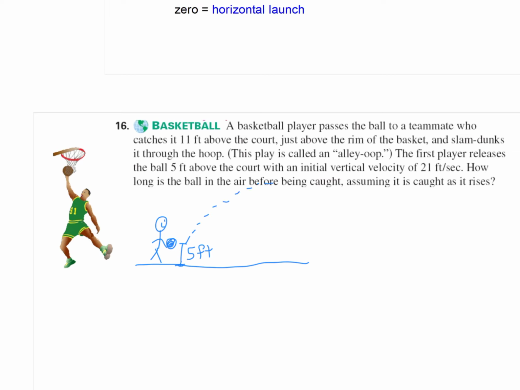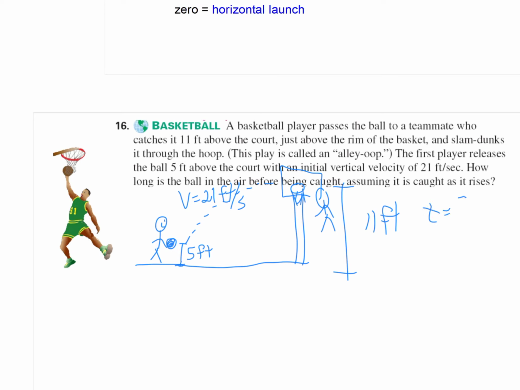He tosses it up with a velocity of 21 feet per second. The other person is going to jump up and catch the basketball at the hoop, 11 feet tall. How long does it take for him to catch the ball, assuming the ball is going to keep on rising?